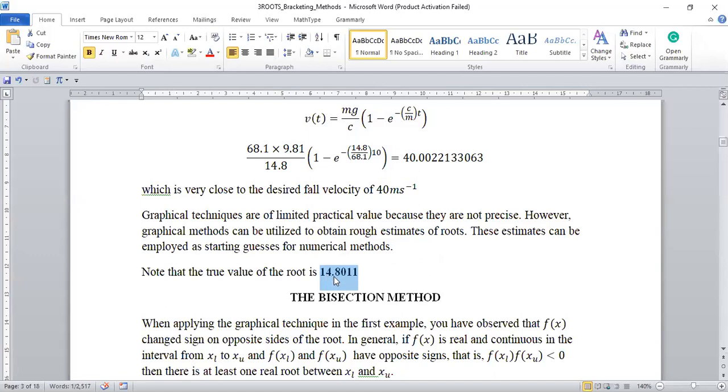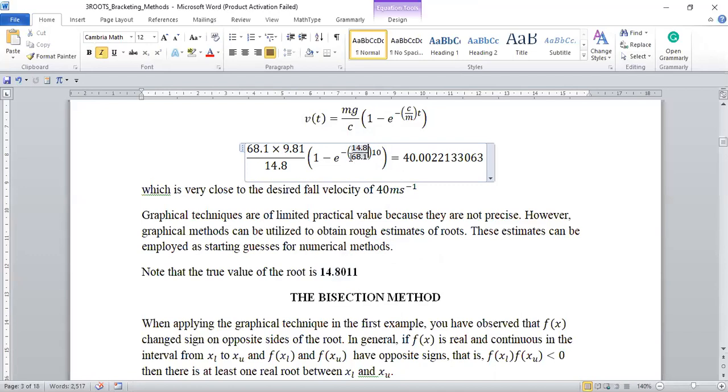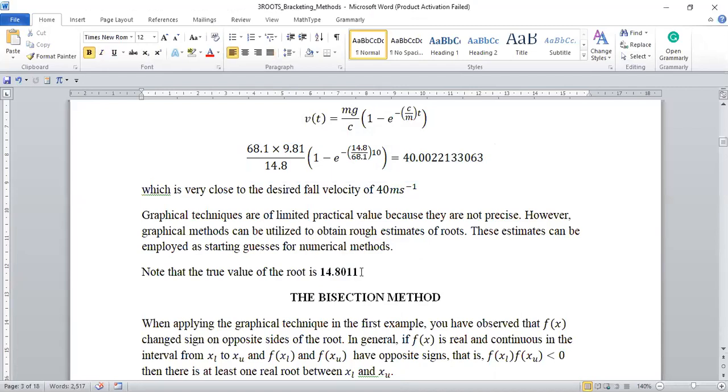There's no exact solution for that. So we put in 14.8, then we put 14.8011, then we got 40 exactly. That's how we know that this is the root of the equation.